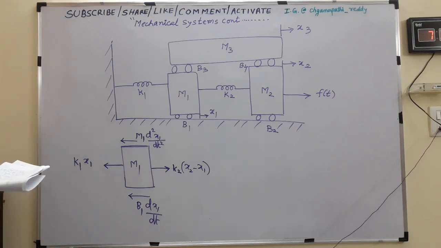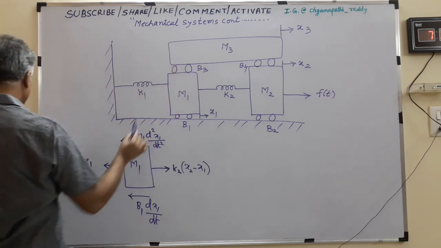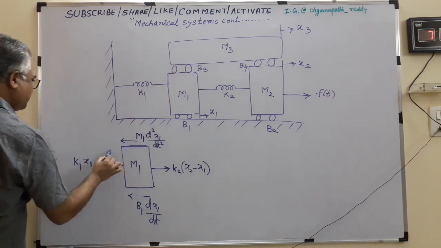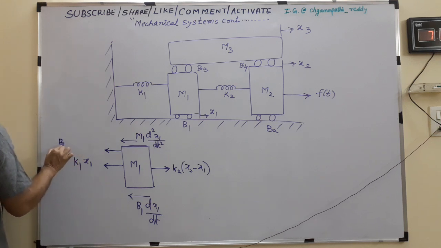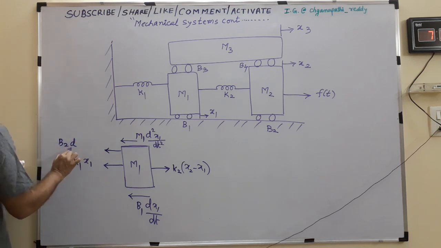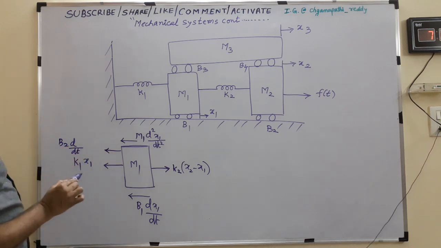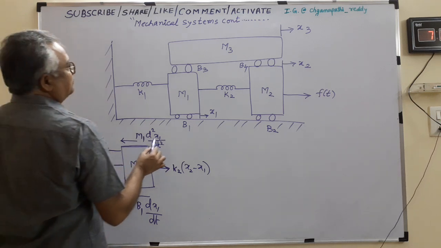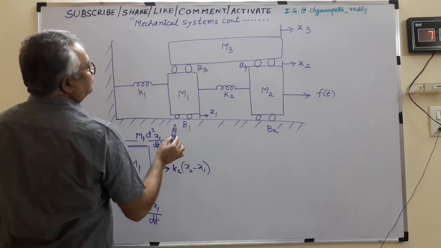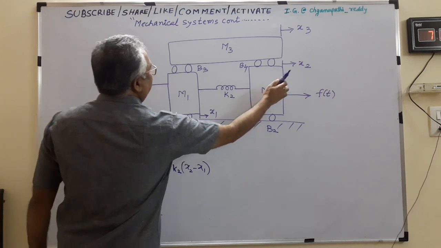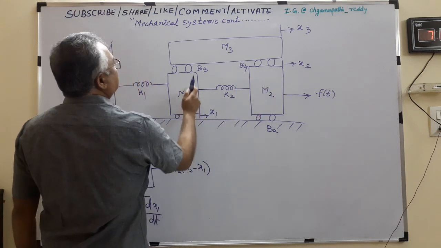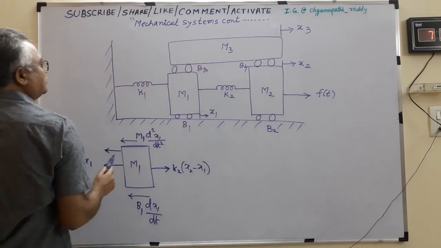There is another B3. So this force is B3 d by dt of, this is moving x1, this is moving x3.